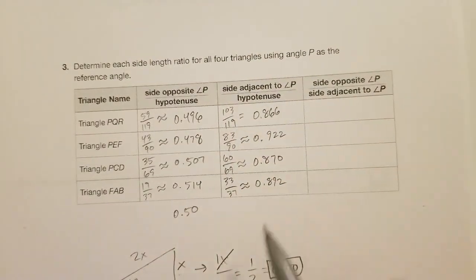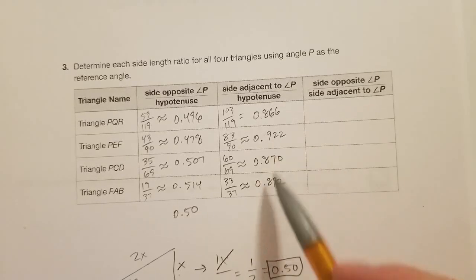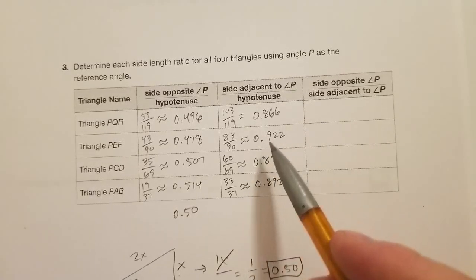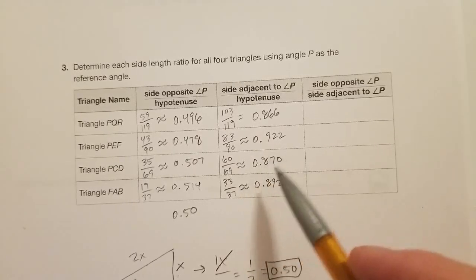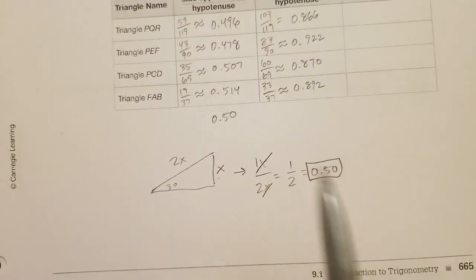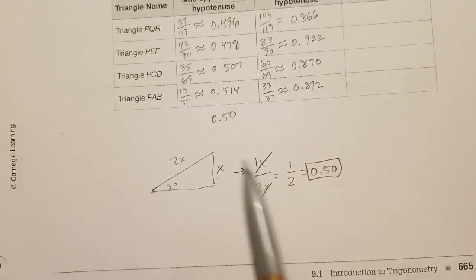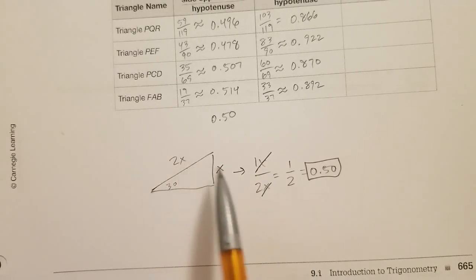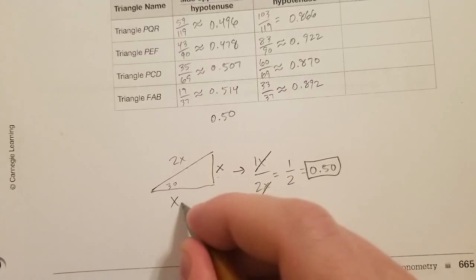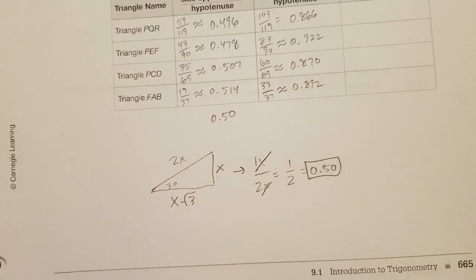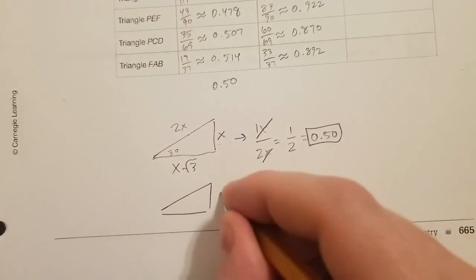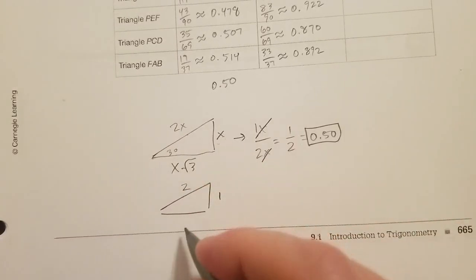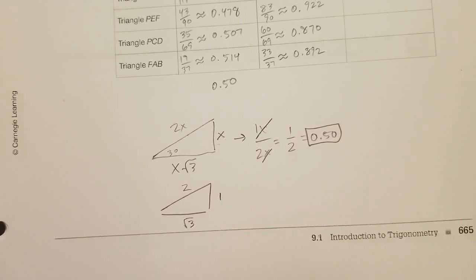Okay, so it looks like these are all hovering about 0.8 something, close to 0.90, but a little bit less than that. And if we remember from our 30, 60, 90 right triangles, if this is x and this is 2x, this should be x rad 3. Or if we simplify this triangle, if this is 1, this is 2, this should be rad 3.